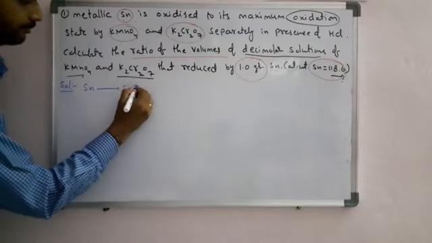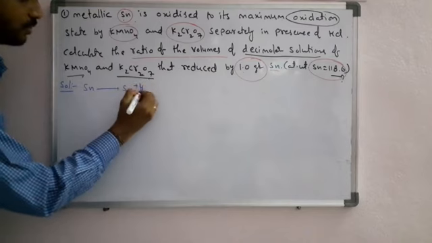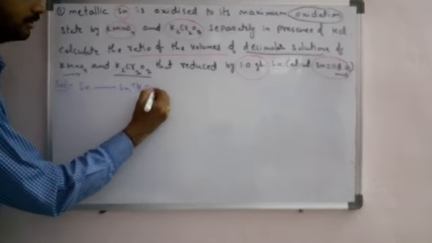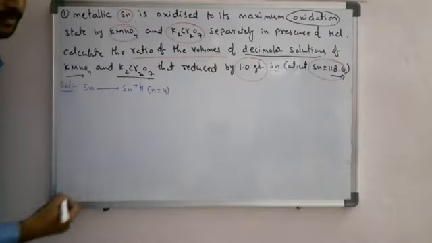Now we do the problems separately. Here the tin becomes Sn plus 2, its maximum oxidation number, so the n factor equals 4.